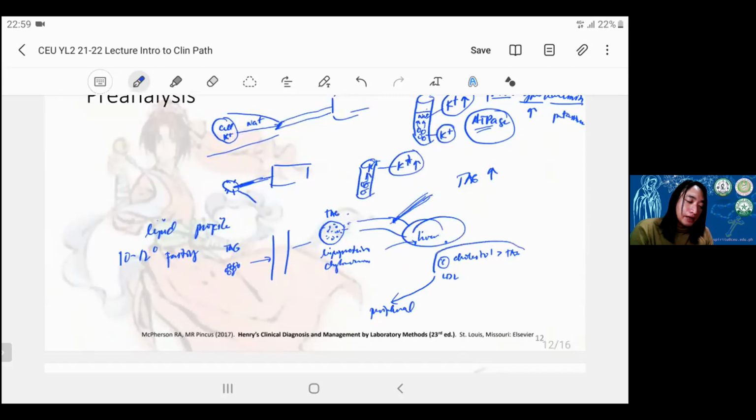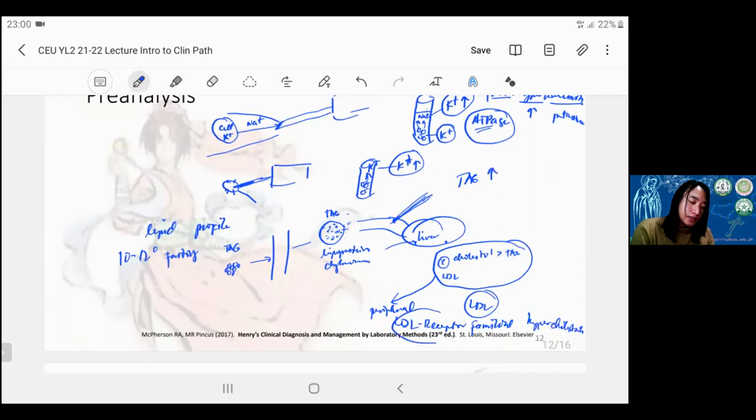So we have accurate levels of your LDL, which will evaluate the mutation in your LDL receptor seen in your familial hypercholesterolemia.